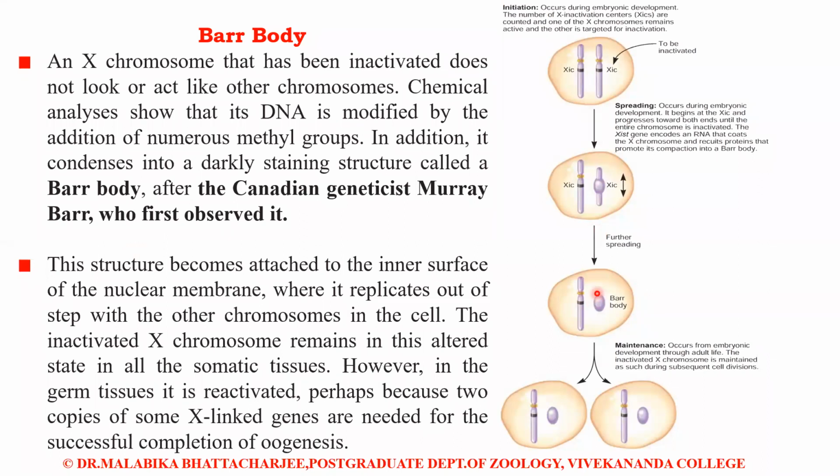And this structure becomes attached to the inner surface of the nuclear membrane when it replicates out of step with other chromosomes in the cell. As you can see, the inactive X remains in this altered state in all somatic tissues, but as previously stated, in germ tissue it is reactivated, because in some cases it has been seen that 2 copies of some X-linked genes are needed for the successful completion of oogenesis.